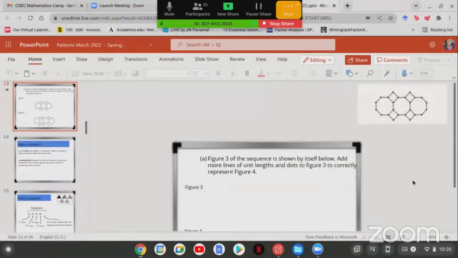The fourth figure would have one more octagon, and you would now be joining those last two octagons by a pair of diamonds.